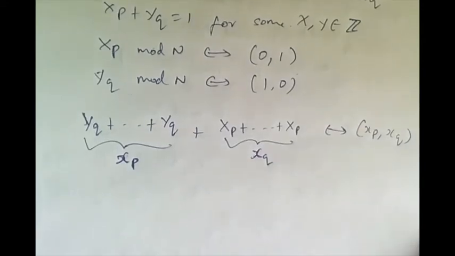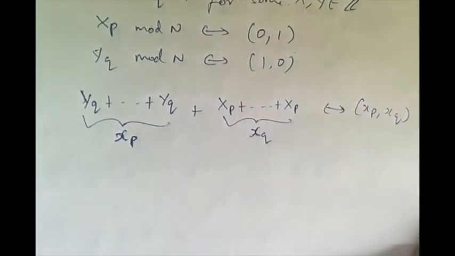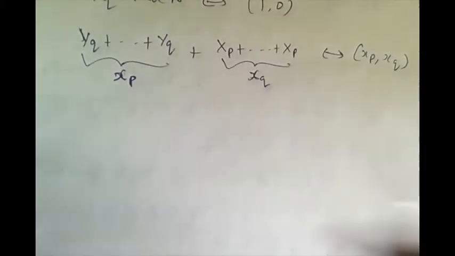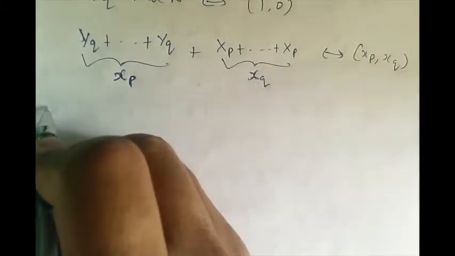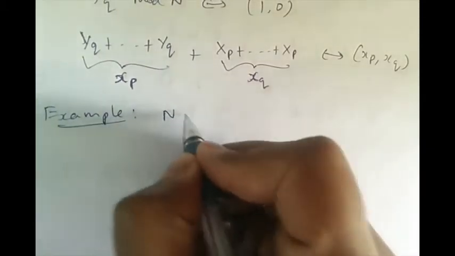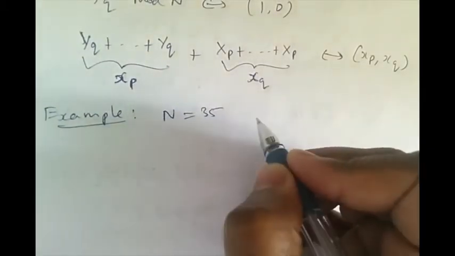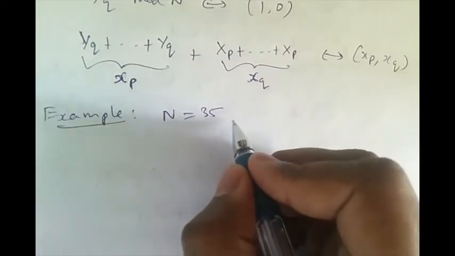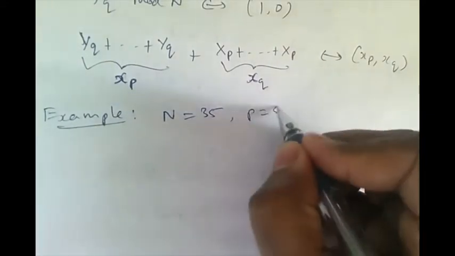So suppose we look at n equals 35. P and Q are 5 and 7.